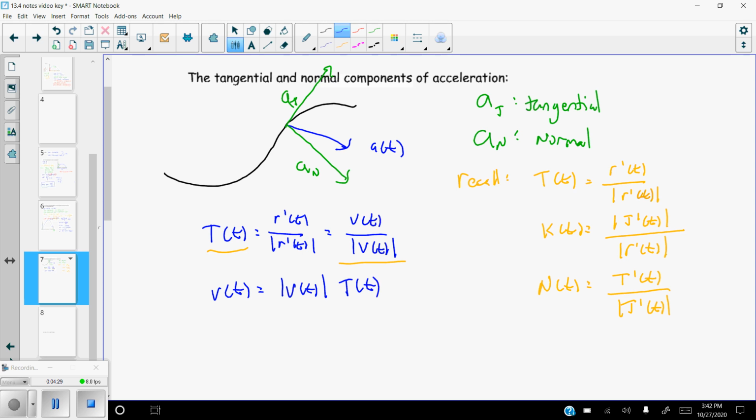So if I want to find acceleration, because that's obviously what we're trying to get to here, a of t, I know that I can take the derivative of velocity to get acceleration. So we can use a product rule, which says the derivative of the first, this magnitude prime, times the second, plus the derivative of the second, T prime of t, times the first, magnitude of v of t.